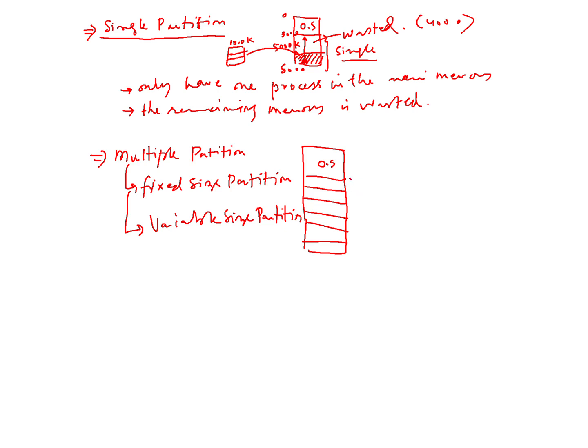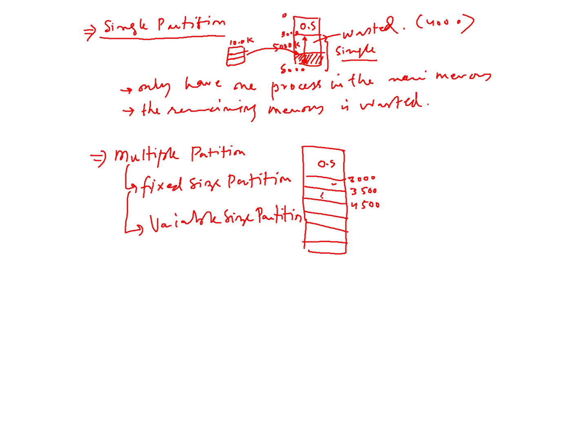For example, the operating system is loaded up to 3000, then maybe up to 500 is allocated to this space, then this would become 3500, and then this might be 4500.